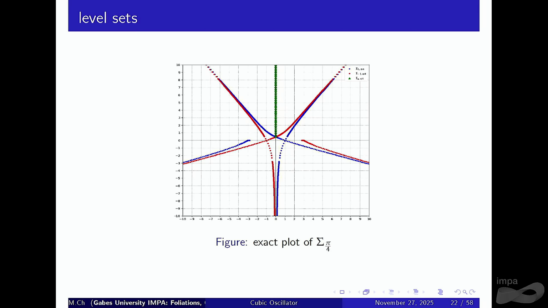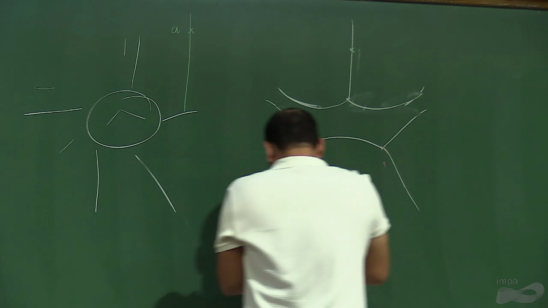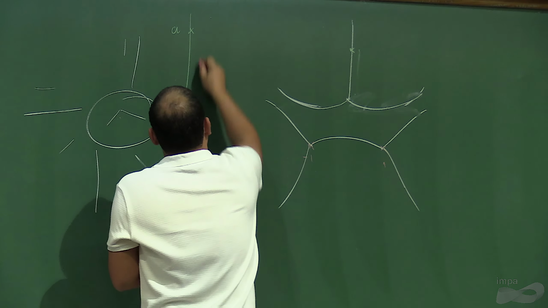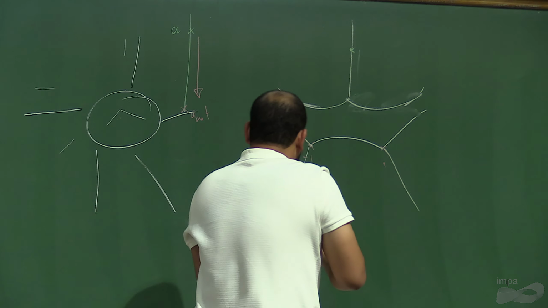So for arbitrary A in the green, this is the A position, and we have this structure. Going on to A critical, what we have is something like that.